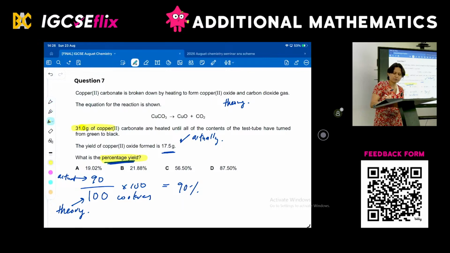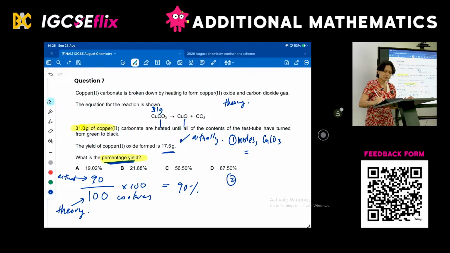First, they give you 31 gram of copper carbonate. Find the amount of moles of copper carbonate, and then use the ratio, find the amount of moles of copper oxide, and then multiply by the molar mass of copper oxide. So I give you the steps. Step 1, find the amount of moles of copper carbonate, mass over molar mass.